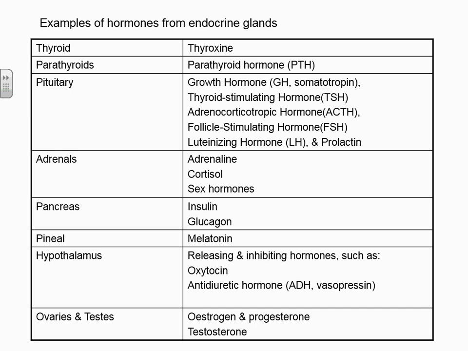Once we've had a break, I'll come back to a little bit about insulin and glucagon from the pancreas, and a little bit about antidiuretic hormone controlling our water levels. Then we'll have a look at some questions and see if you've learned anything. Okay, we'll stop at that point and take a break.